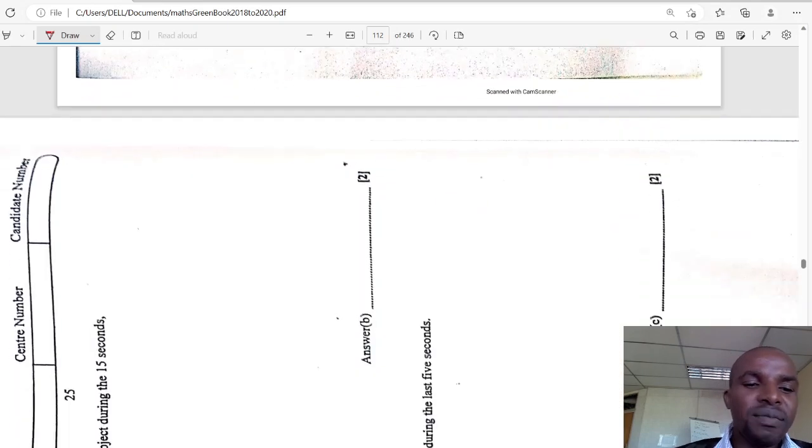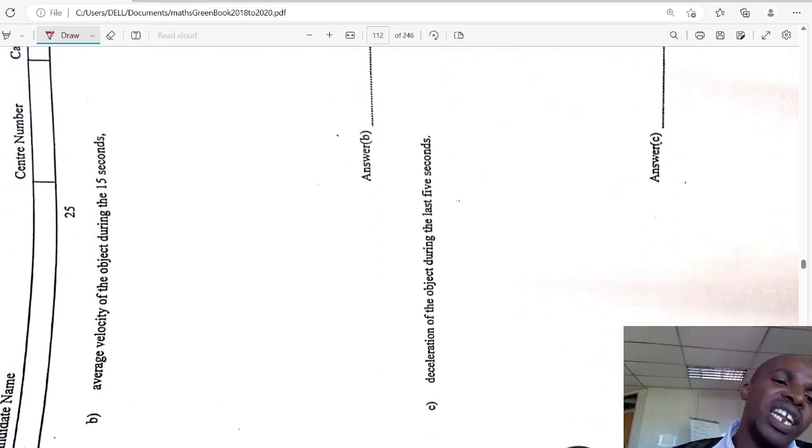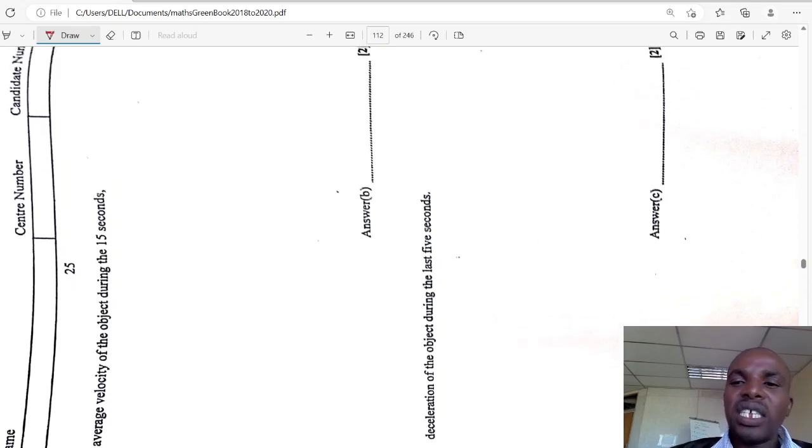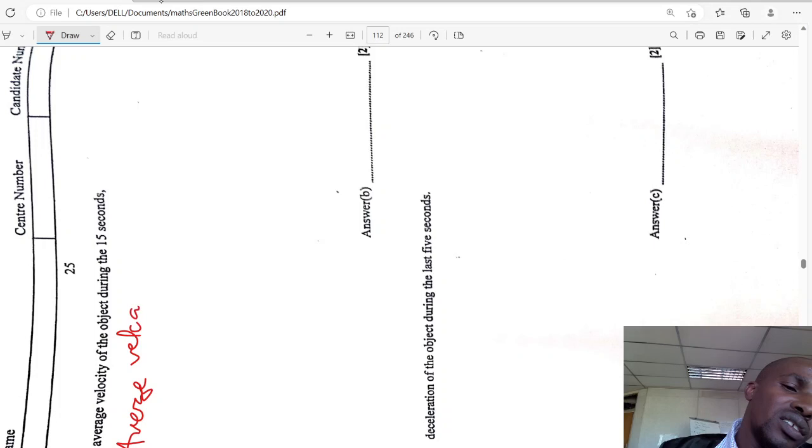The next part, they said average velocity of the object during the 15 seconds. Average speed is equal to total distance traveled over total time taken. So average velocity is equal to total distance traveled over total time taken.